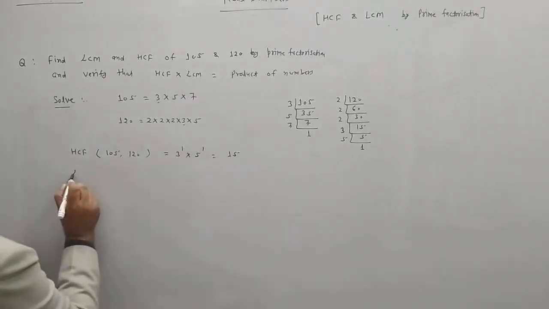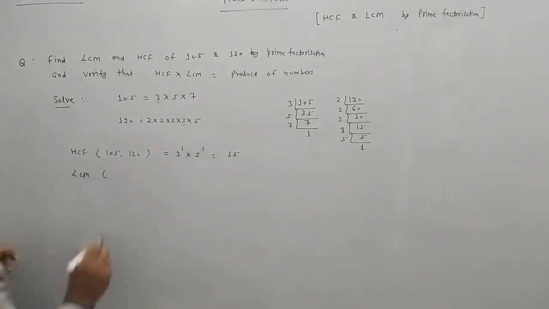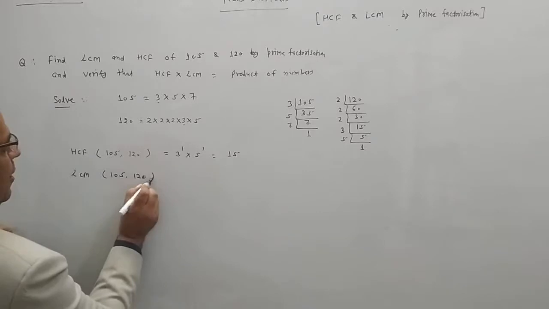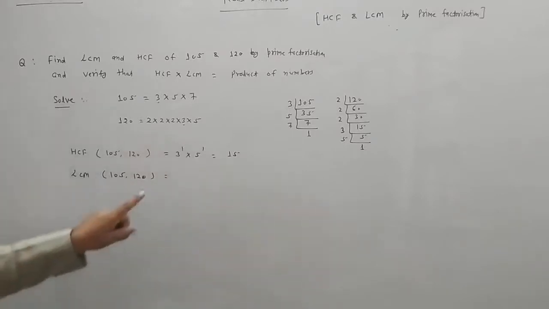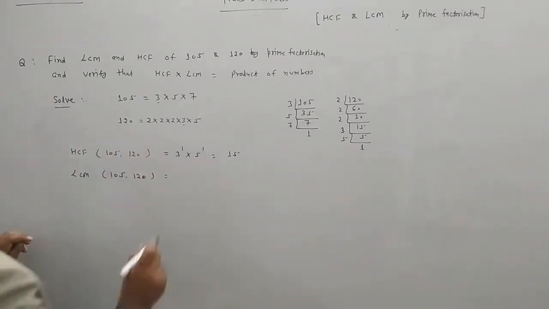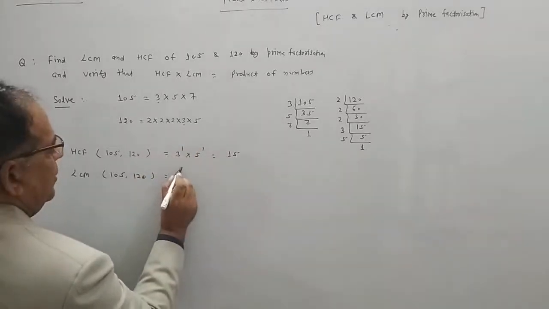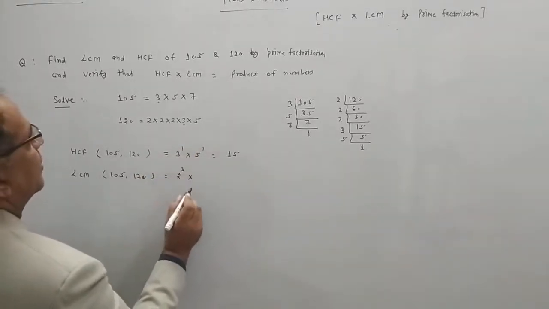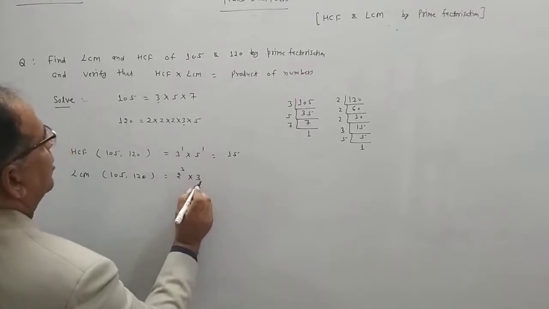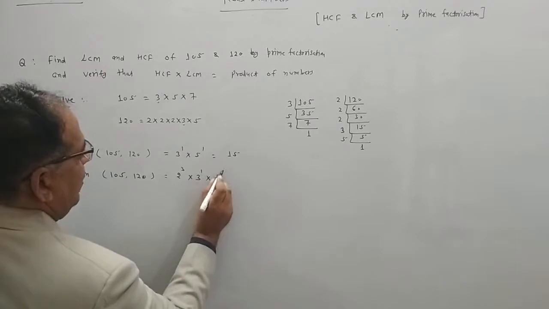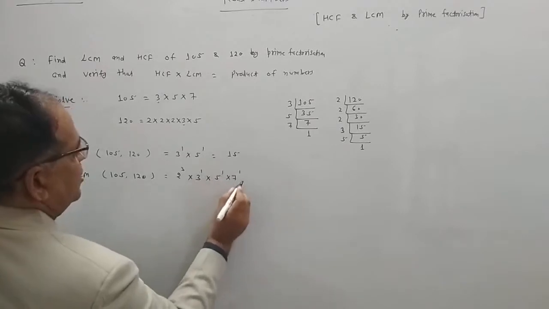And LCM, what is the process to find the LCM? Are you aware? Take the highest power of each factor. So the first factor is 2, to the power 3 with highest power, 3 with highest power 1, 5 with highest power 1, and 7 with highest power 1.